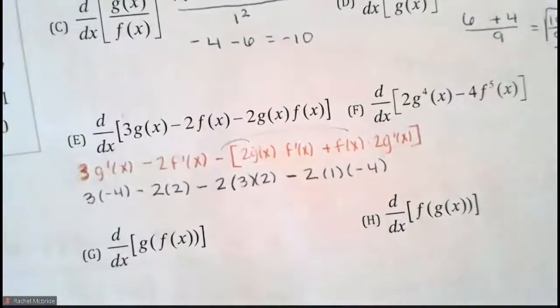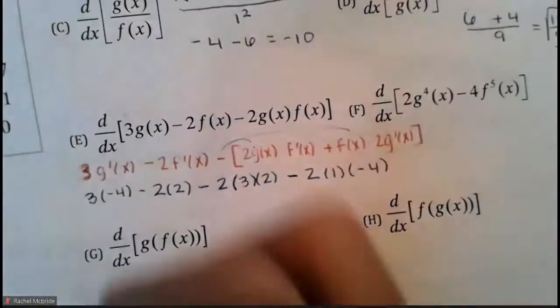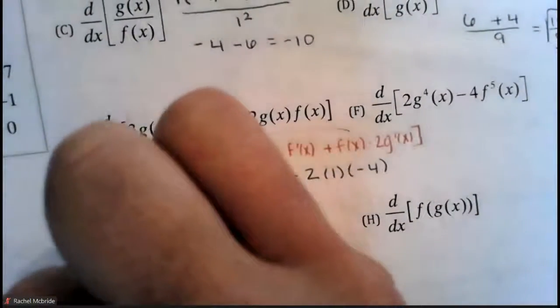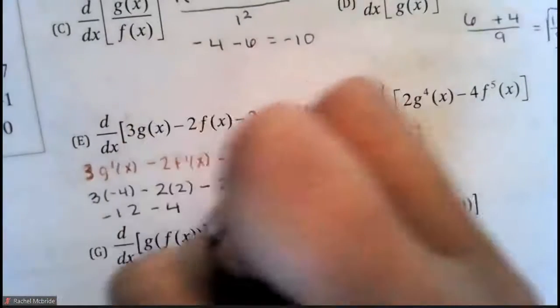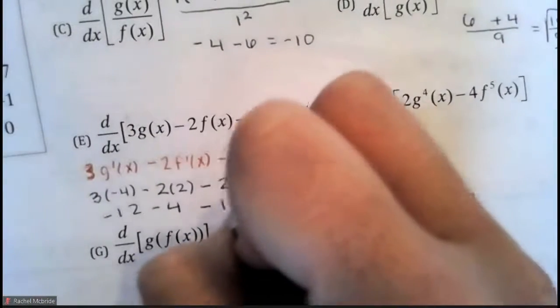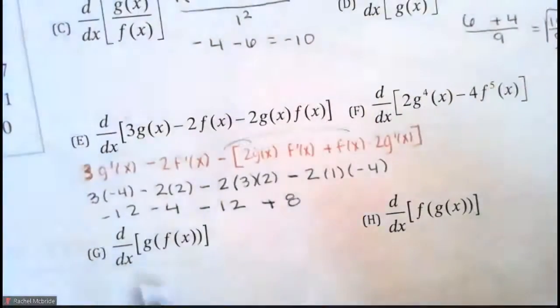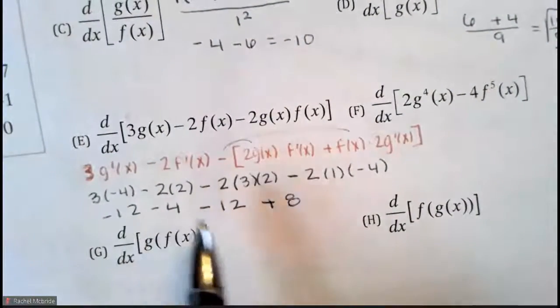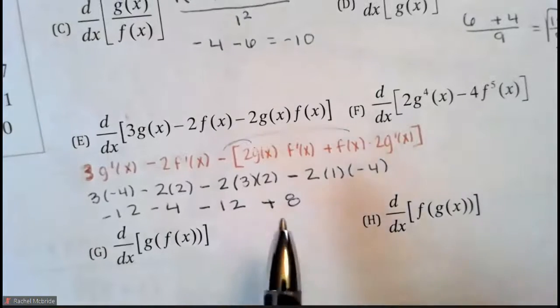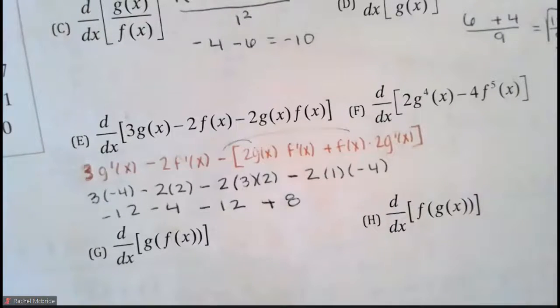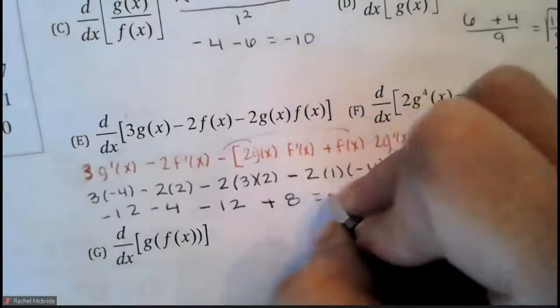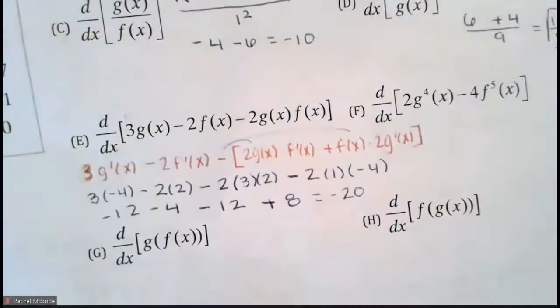And then now it's just simply cleaning up your math. So you have negative 12 minus 4 minus 12 plus 8. So then negative 24 minus 4 is negative 28. Negative 28 plus 8 is negative 20.